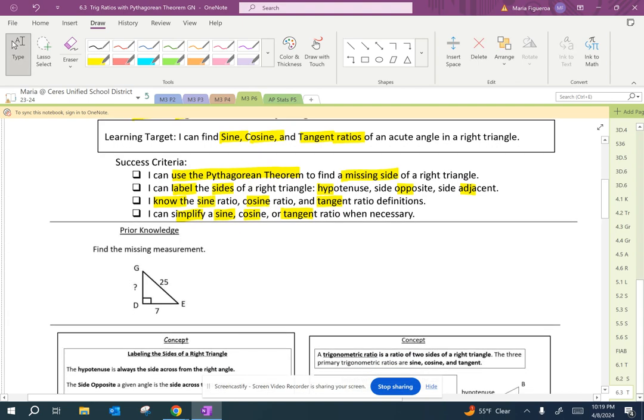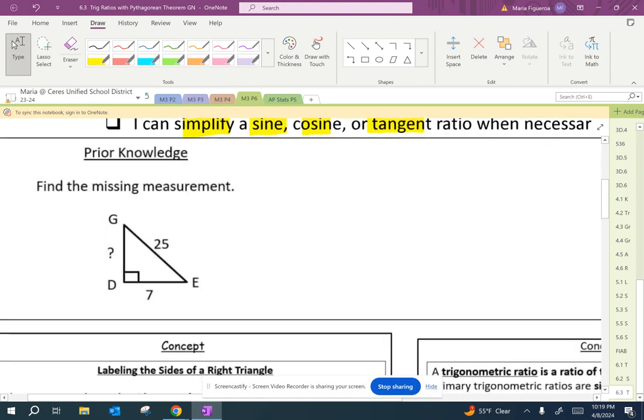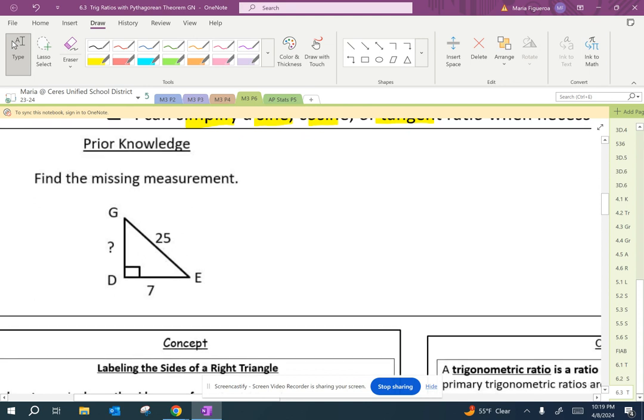If you remember our lesson 6.1, we had to use the Pythagorean theorem to find the missing measurement. If you recall, the Pythagorean theorem is a squared plus b squared equals c squared, and our c is always going to be the one across the 90-degree angle, and for a and b, it doesn't really matter which one you call which.